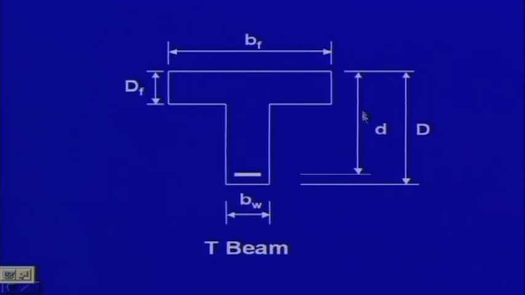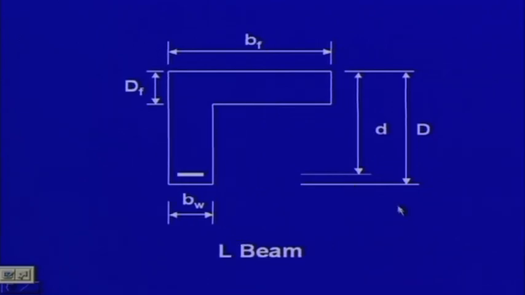Here again we take effective depth D up to the level of the tensile steel, and capital D is the overall depth. So, we have two more parameters, DF and BF.